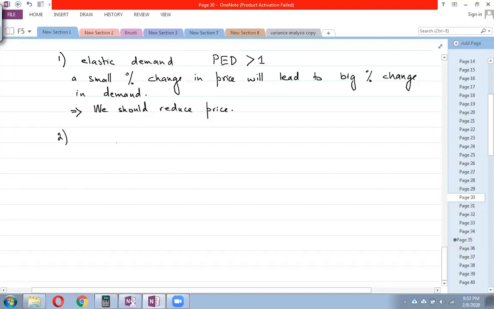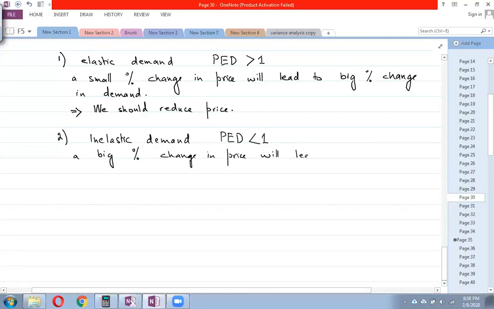Second situation, inelastic demand. If the demand is inelastic, your price elasticity of demand will be less than 1, which means a big percentage change in price will lead to a small percentage change in demand.